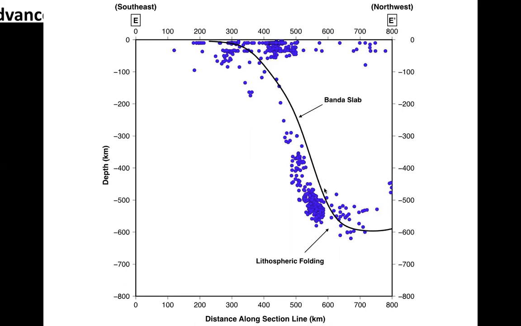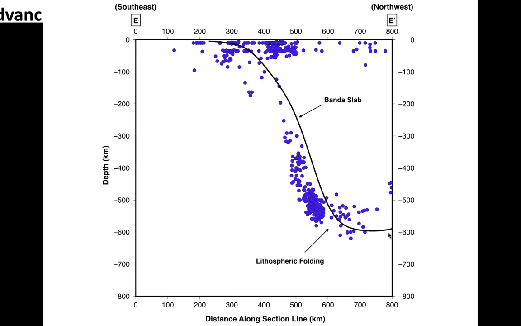So what we can see here is essentially a synformal lithospheric fold that has developed. And this is due to slab rollback, for one, into the Jurassic embayment, fairly fast convergence rates, as well as lithospheric delamination.